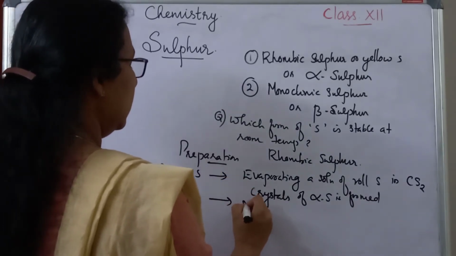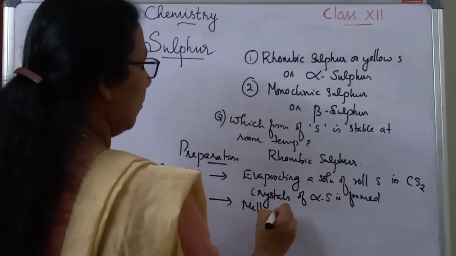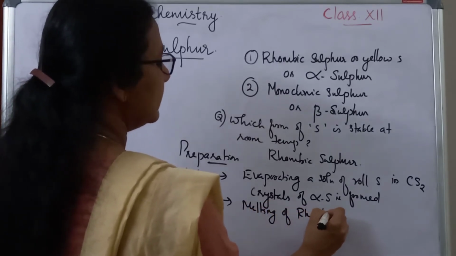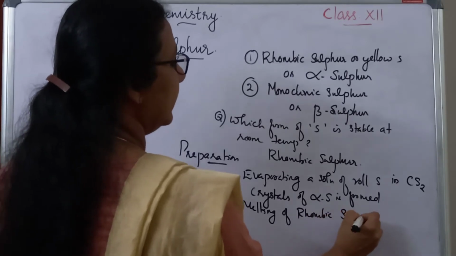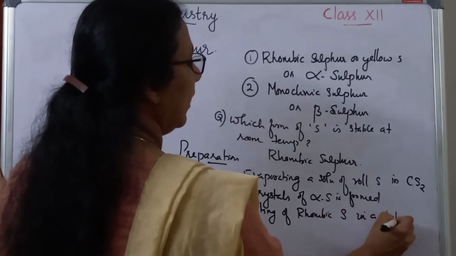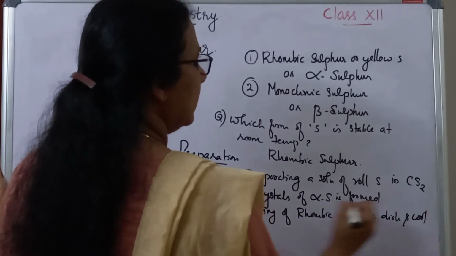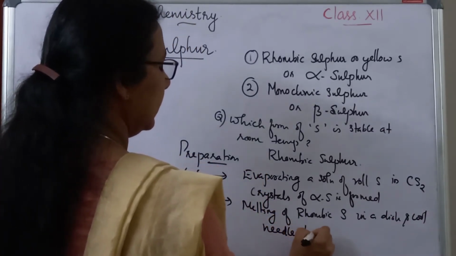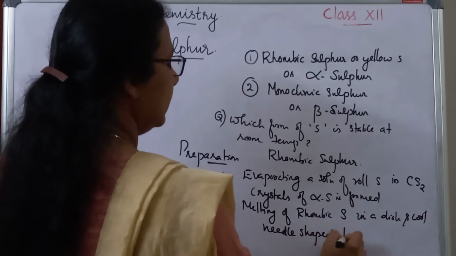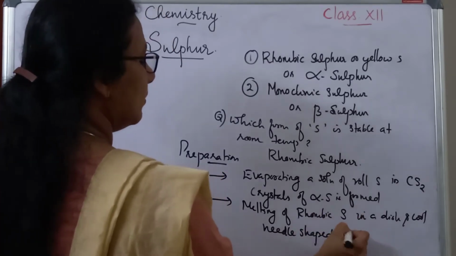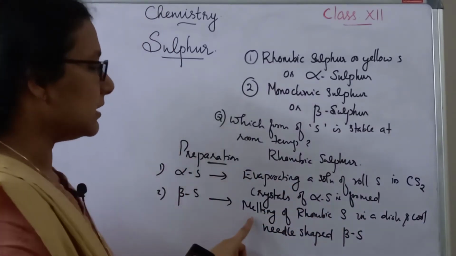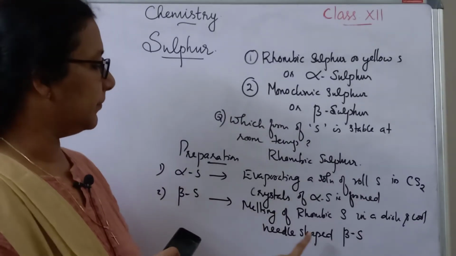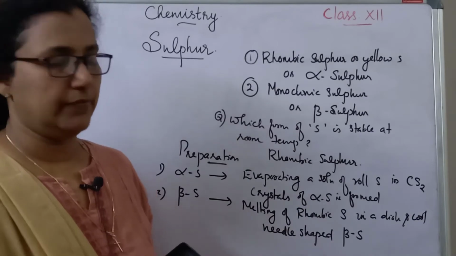Here we melt rhombic sulfur in a dish and cool. Here we will get needle shaped beta sulfur. So from alpha sulfur we can prepare beta sulfur.